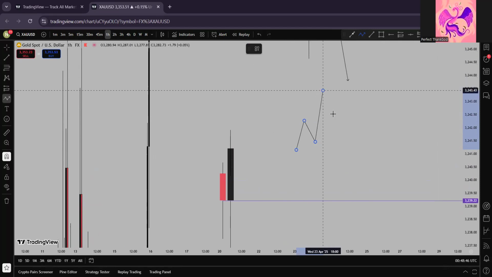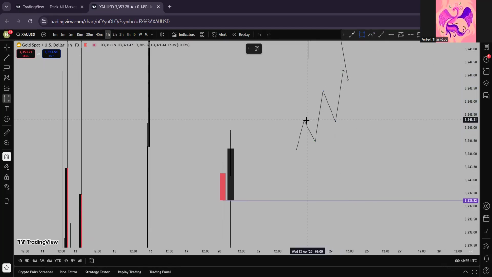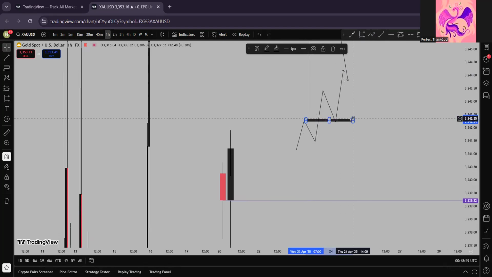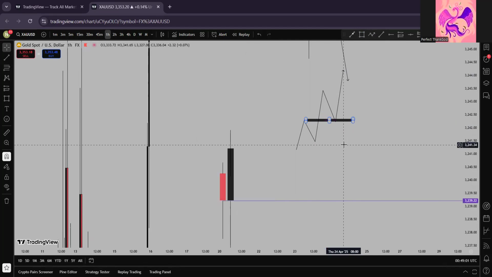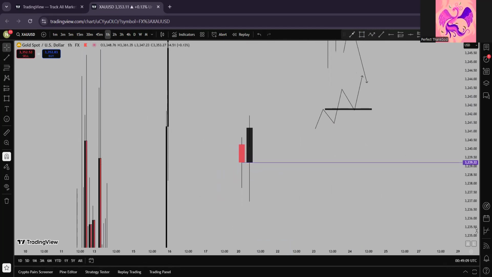Price comes back, stops, and then goes back up. What do I mean? Something like this. Resistance. Price comes back, stops. Right? So it's the same thing here, but it's just different because of the kind of entry I take.